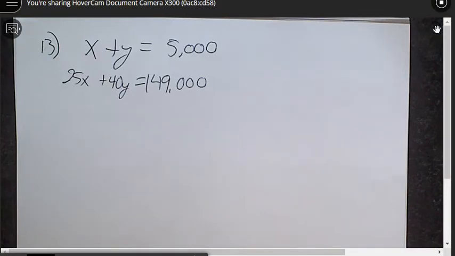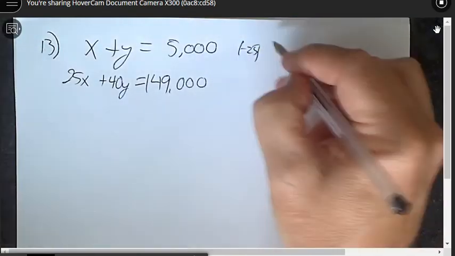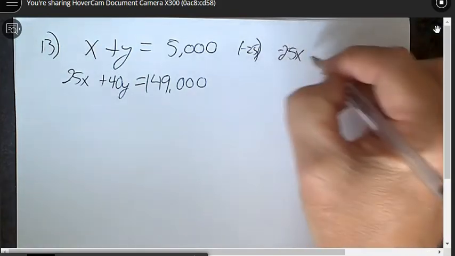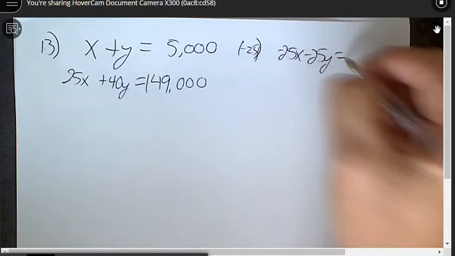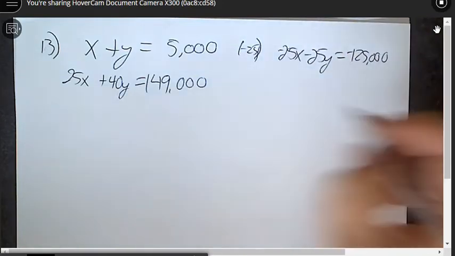Okay, so to make this one, again, once you pull through the word problem, it was pretty straightforward. For this one, you can either solve for X or solve for Y. I would say just multiply by negative 25 so we can eliminate the X. Negative 125,000.